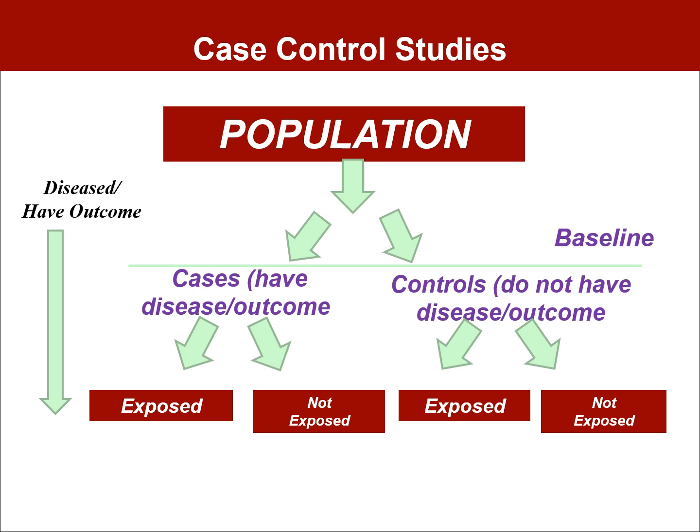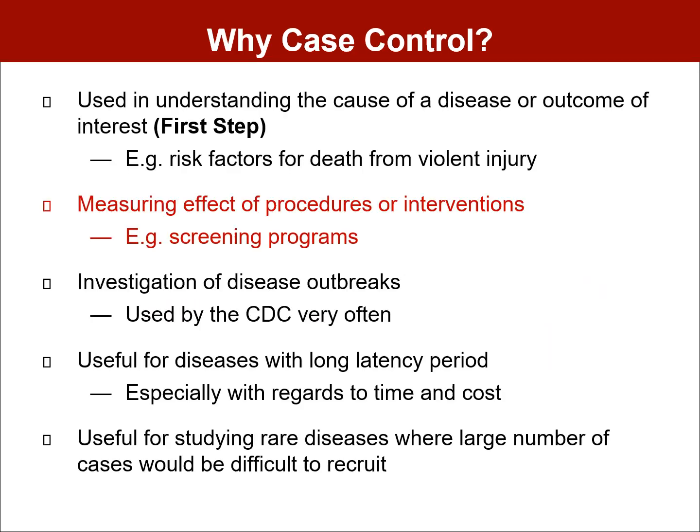But in the subsequent slides, I will explain in more detail why a case control study is relevant. So here we have it that it's used in understanding the cause of a specific disease or outcome of interest. So again, for example, risk factors for death from a violent injury.